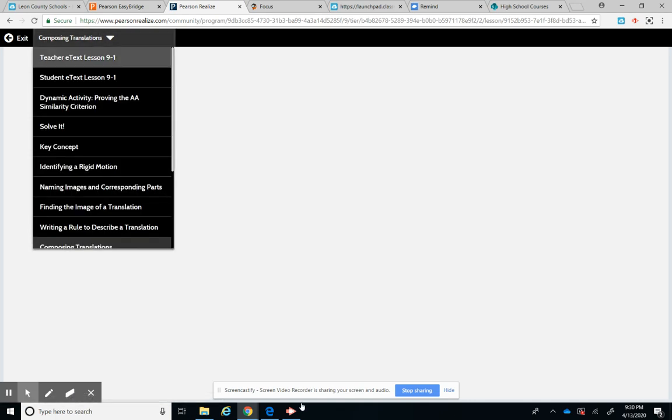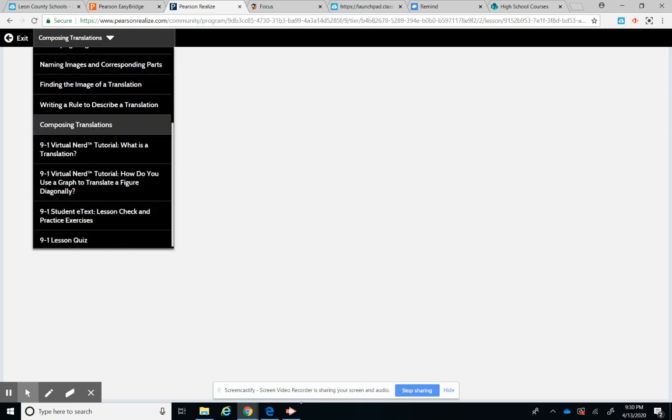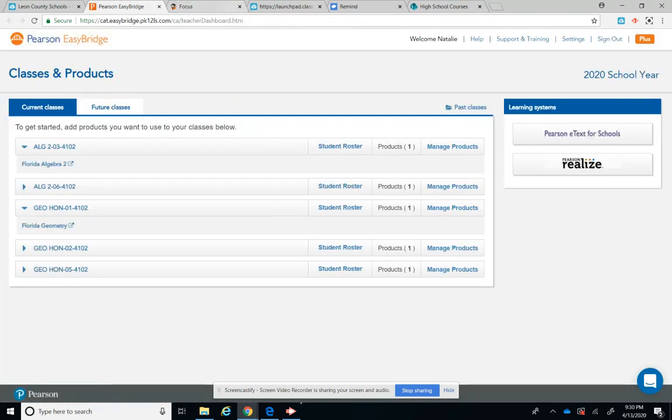So if you're struggling with looking at the book, this is a place you can go. I don't know why it's not showing up, but normally it would show up for you and it would help you.